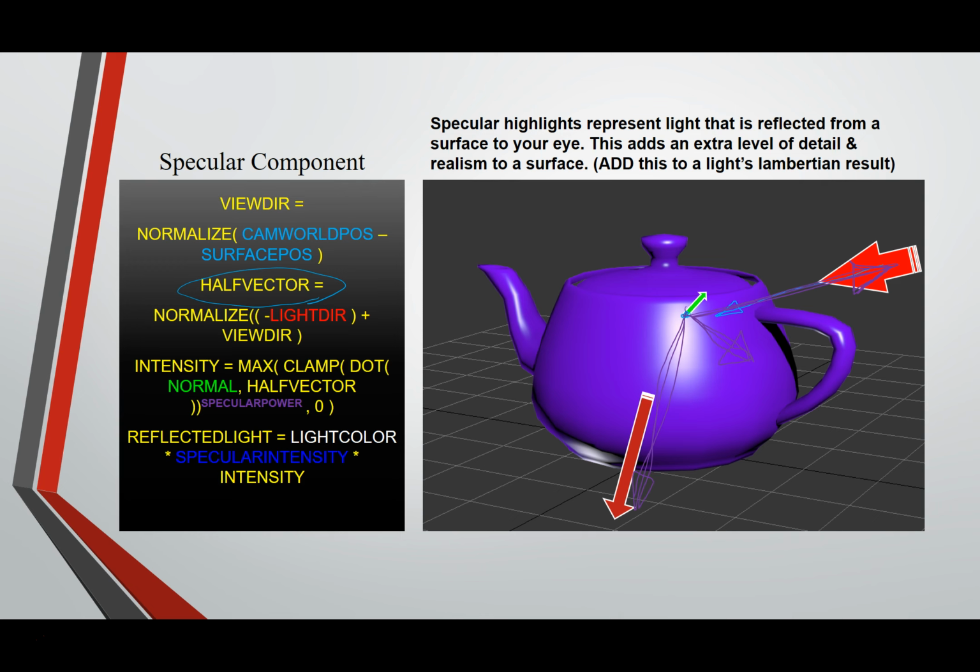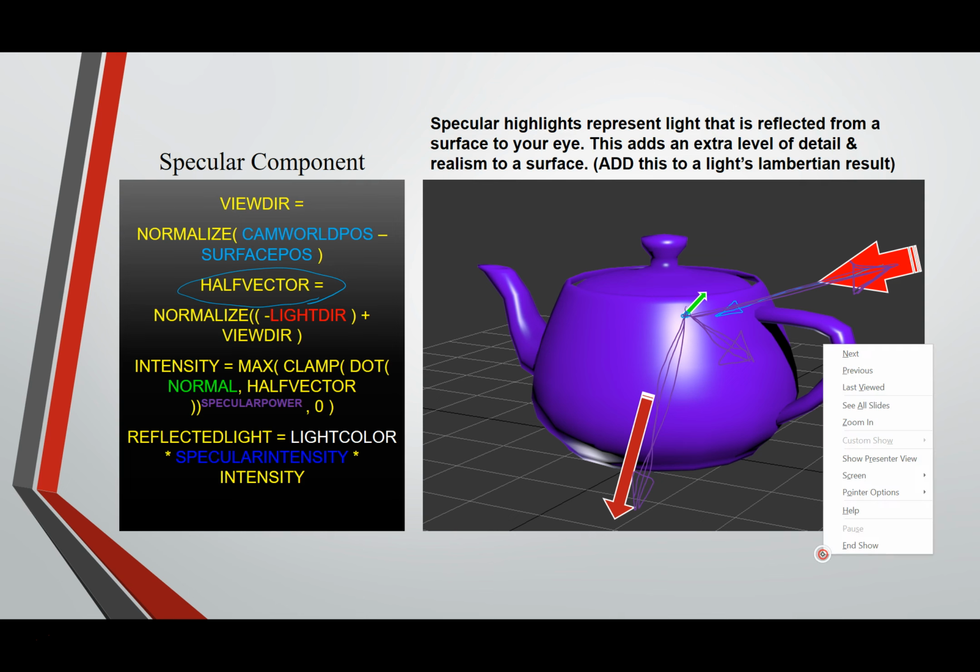So if we take this half vector here, we can dot it with the actual normal of the surface. You see the green normal here. If we dot that and this half vector, essentially, the closer the normal is to the half vector, the more bounced light we should see.